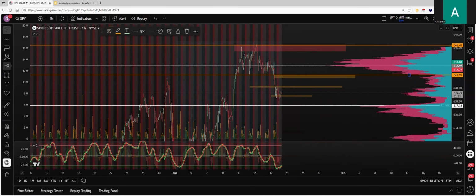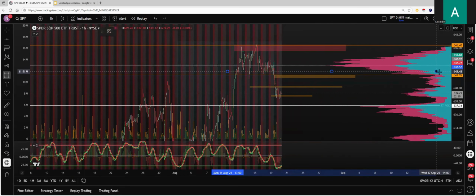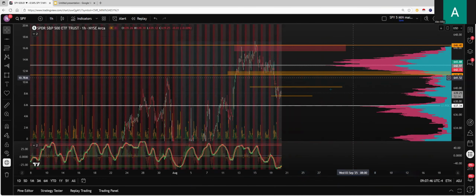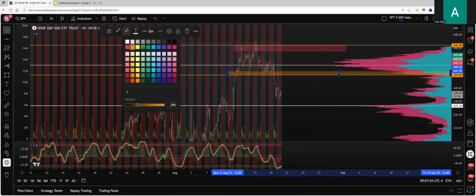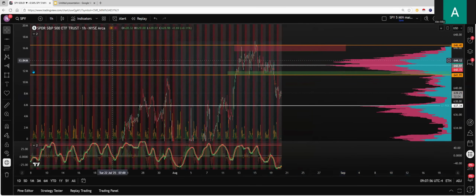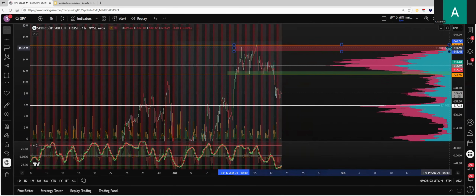And let's do it exactly like we did with the apples and the other things. I'm going to mark off the bottom area of that high volume node. Let's make it green because we know that at the bottom of high volume nodes, you're likely going to have buying. And the top of high volume nodes, I already have it there, look at that, are going to be selling.